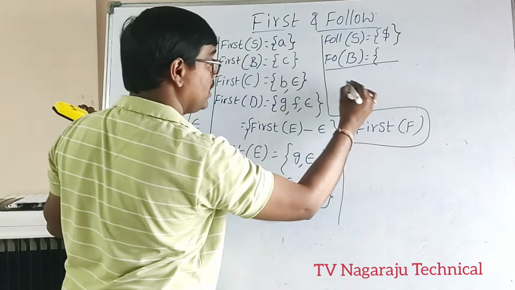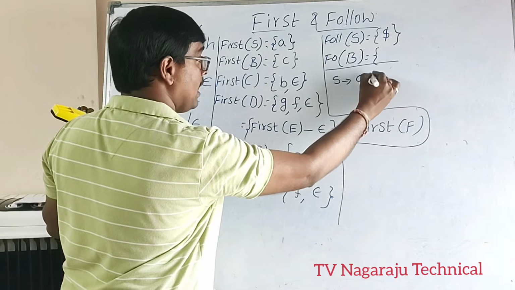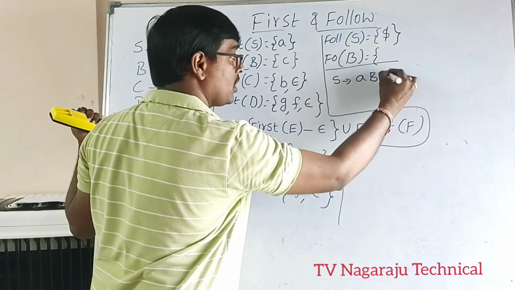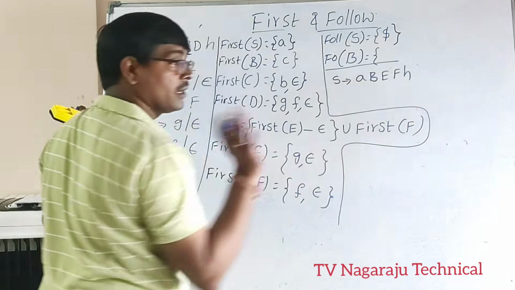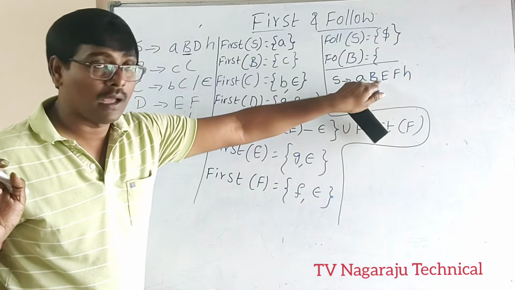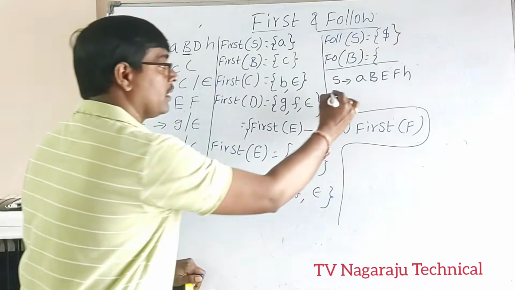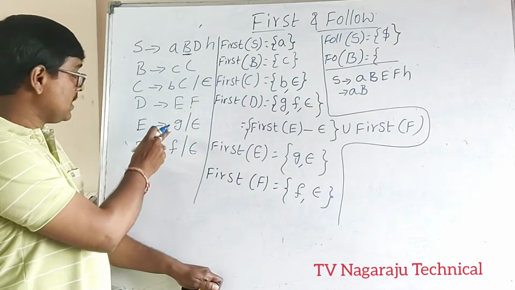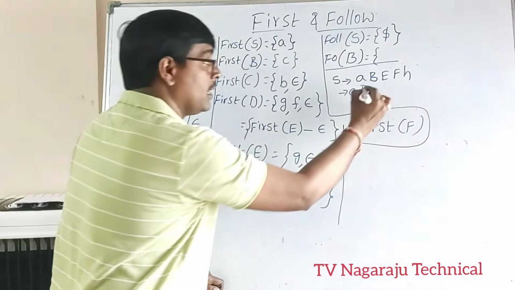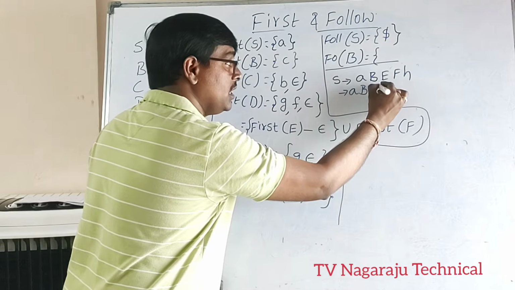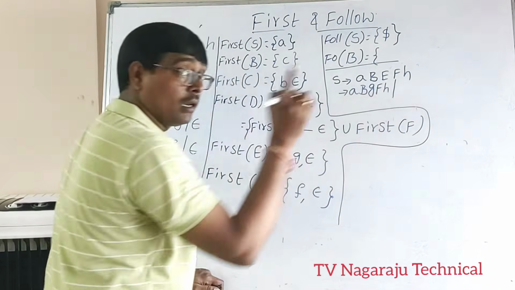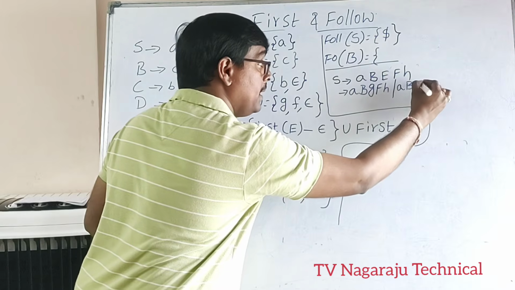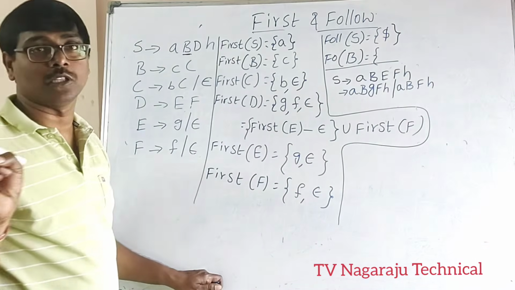Just for understanding, suppose S tends to A, B, D, and capital D is replaced with its production E, F, H. Again a non-terminal after B. Then capital E is replaced with either G or epsilon. If replaced with G: A, B, G, F, H. If replaced with epsilon: A, B, F, H. These are the two possible cases.